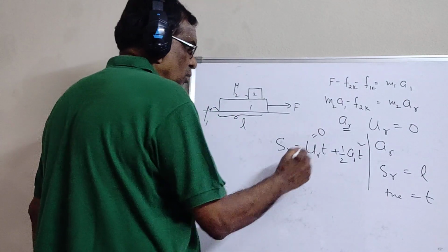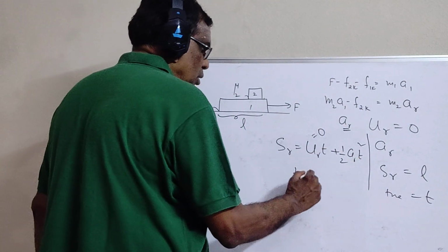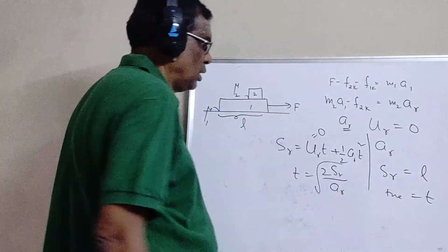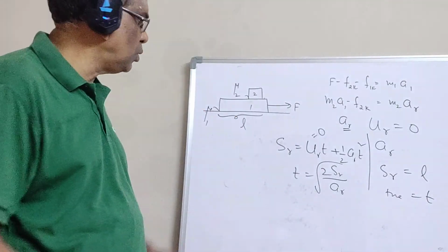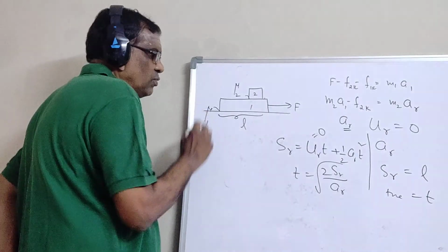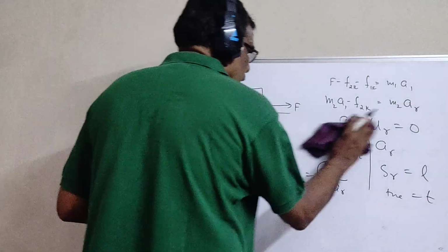But UR is 0, therefore we got T as that. That's how I did it.